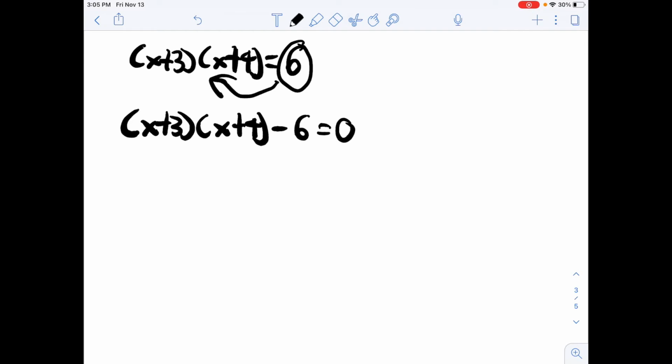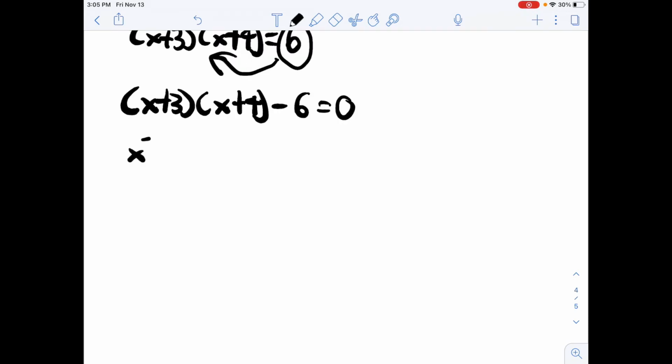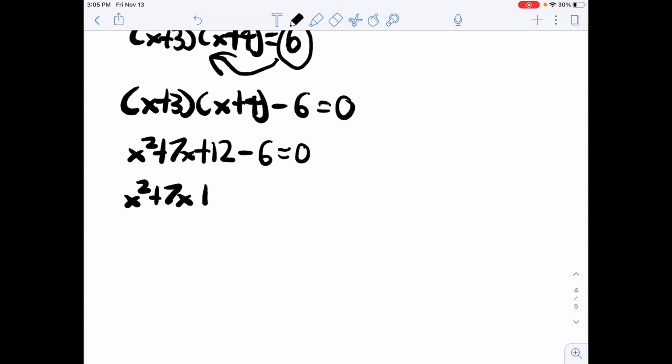And what we need to do here is expand this and collect like terms and then do factoring. So you get x squared plus 7x plus 12 minus 6 equals 0. From here you collect 12 and -6 to get x squared plus 7x plus 6 equals 0.